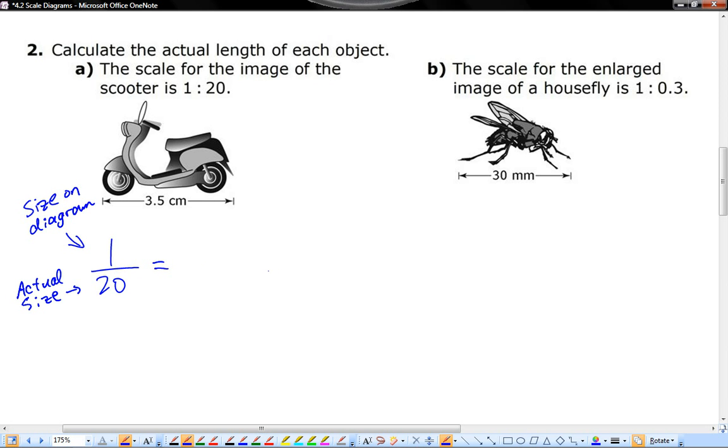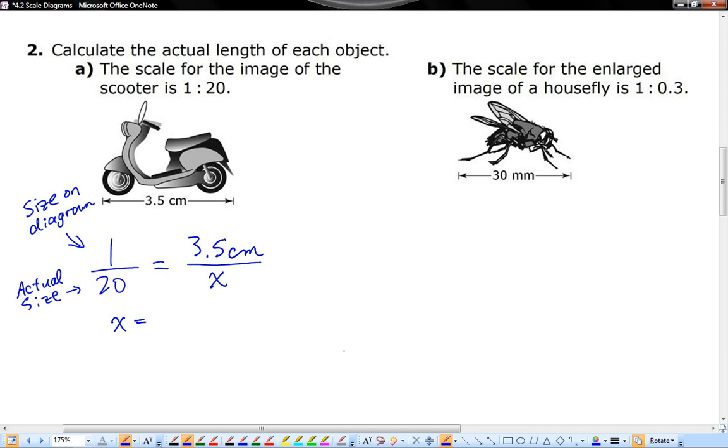So we're going to do the same thing on the other side of the equals and set up this proportion. We want to calculate the actual length of each object. So what's given to us here is the length of this scooter being 3.5 centimeters on the diagram. We want to know actually how large it is, or how long it is.